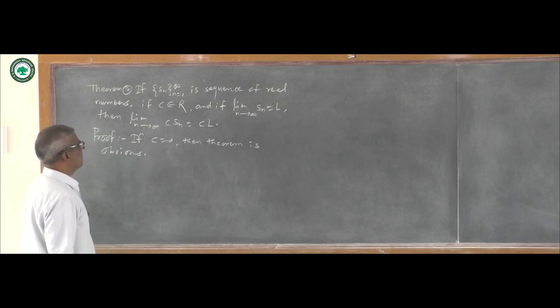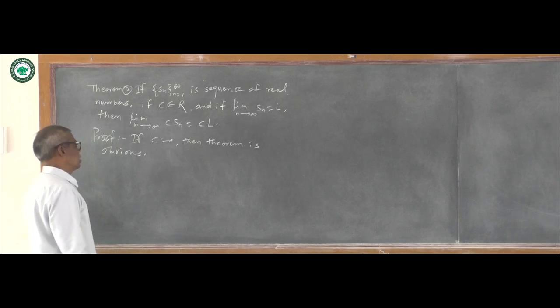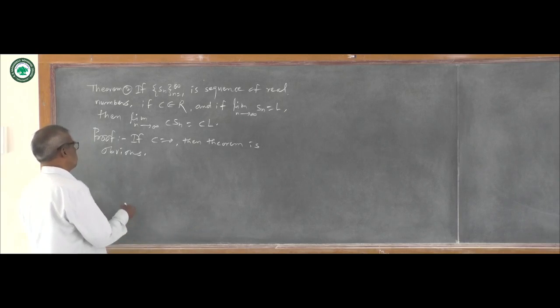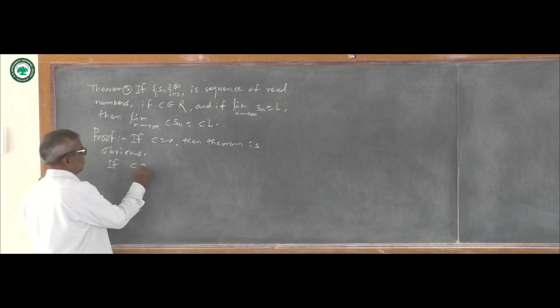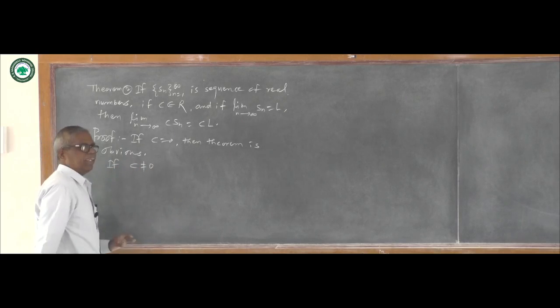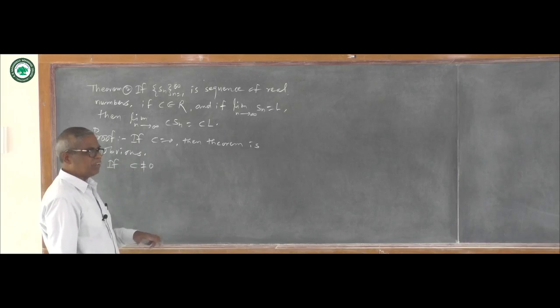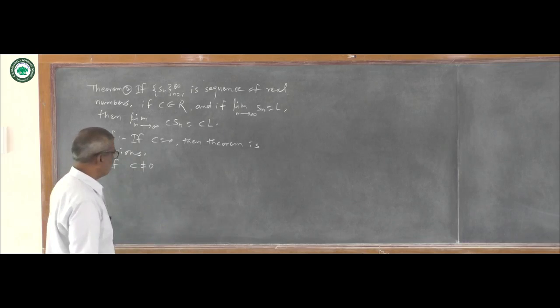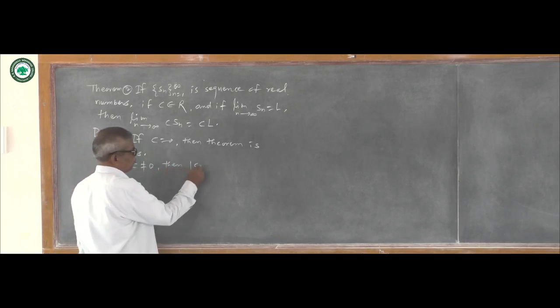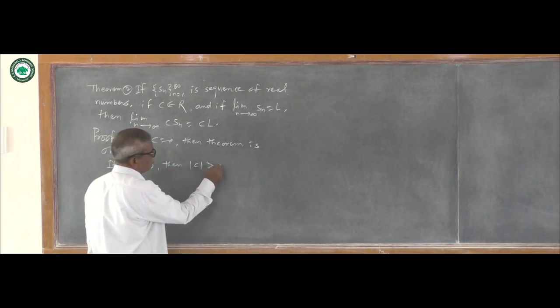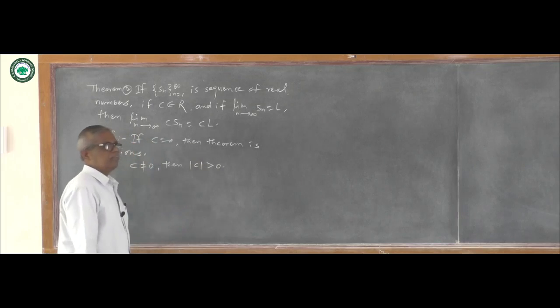We assume C is not equal to 0. If C is not equal to 0, that is, C is less than 0 or C is greater than 0, then mod C is always positive, greater than 0.